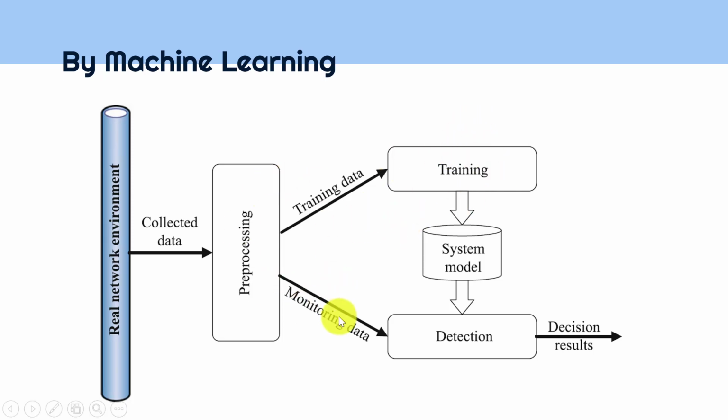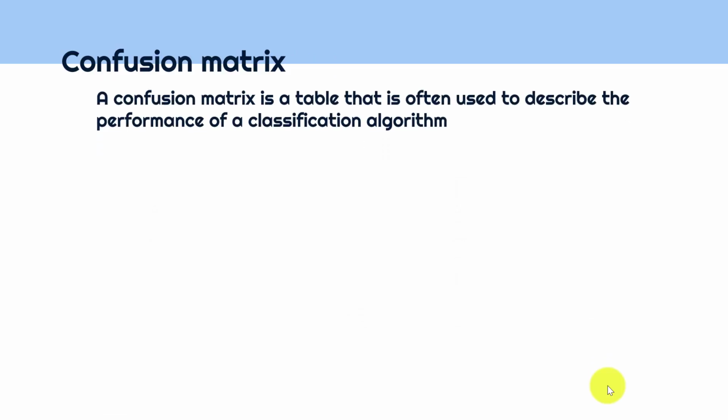After the monitoring data, in the detection part, once the system model is built, the monitored traffic data will be used as system input to be compared to the generated system model, and finally this is the decision result.